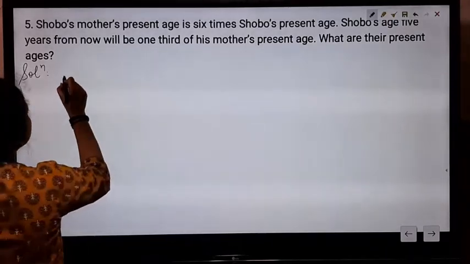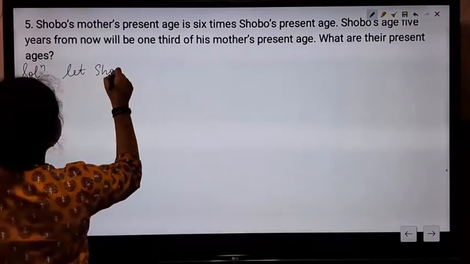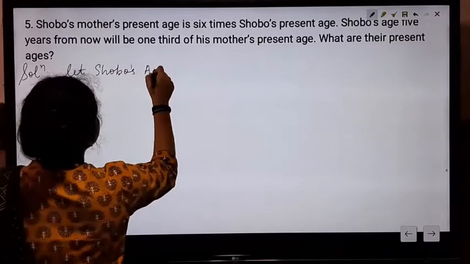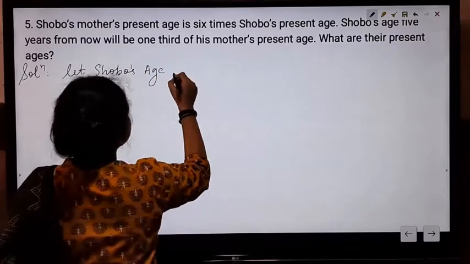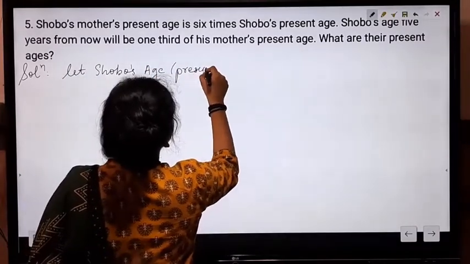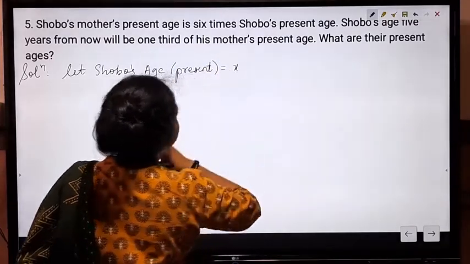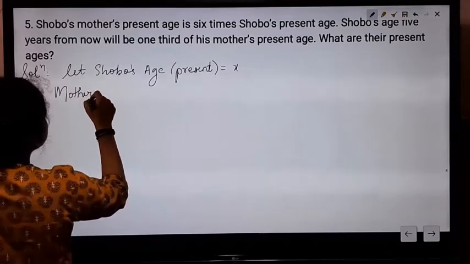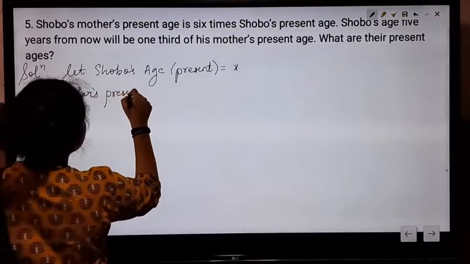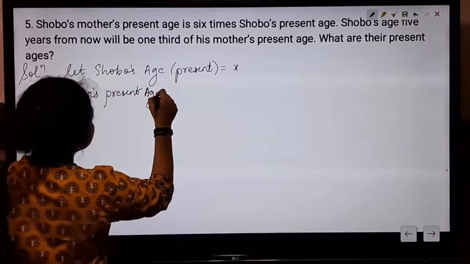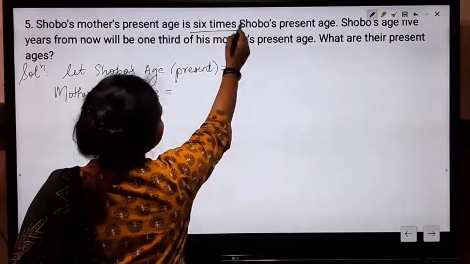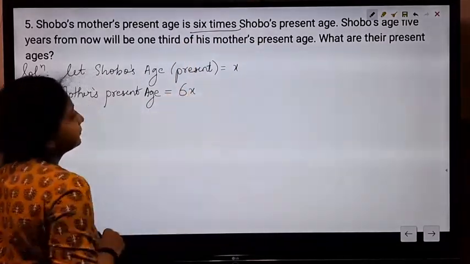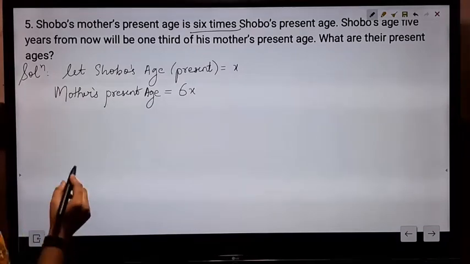So let Shobo's present age equal x. So his mother's present age would be 6 times x. Okay. Next, 5 years from now.